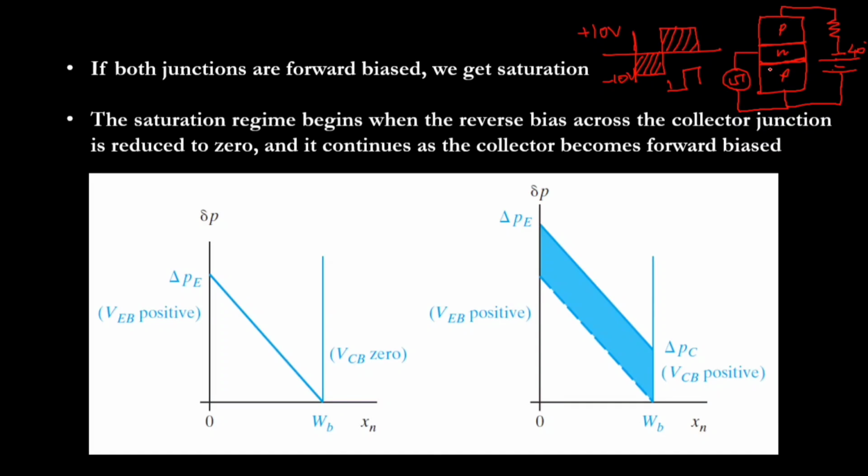The moment we apply the positive pulse, the reverse biasing slowly comes back and becomes forward bias. The saturation regime begins when the reverse biasing across the collector junction is reduced to 0, and it continues as the collector becomes forward biased. What we require is that both junctions should be forward biased. The moment I apply a positive pulse to the base, it will be positive here, and here is already negative, so this junction will be forward biased.